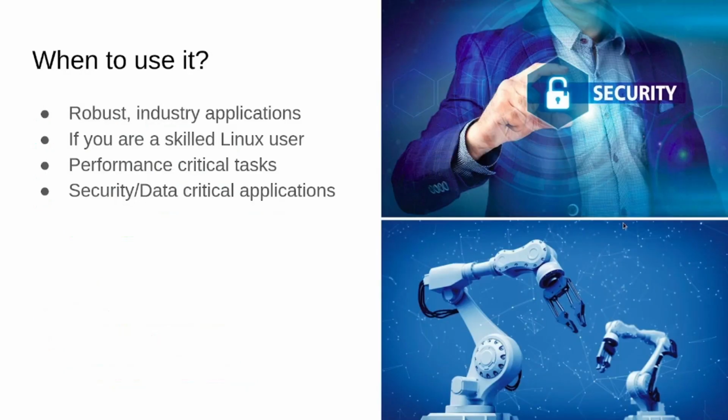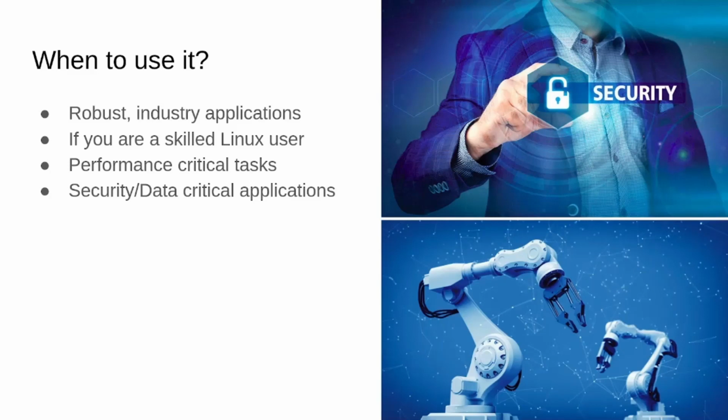So, when would you use something like Arch Linux? Well, if you have some robust industry applications that require maximum CPU power and you are fine with doing some maintenance on it, Arch Linux is good for you. Ubuntu Server can be used for this type of application, and Ubuntu Server tends to be more stable as far as dependencies are concerned because of its updating system, which is separate from Arch.